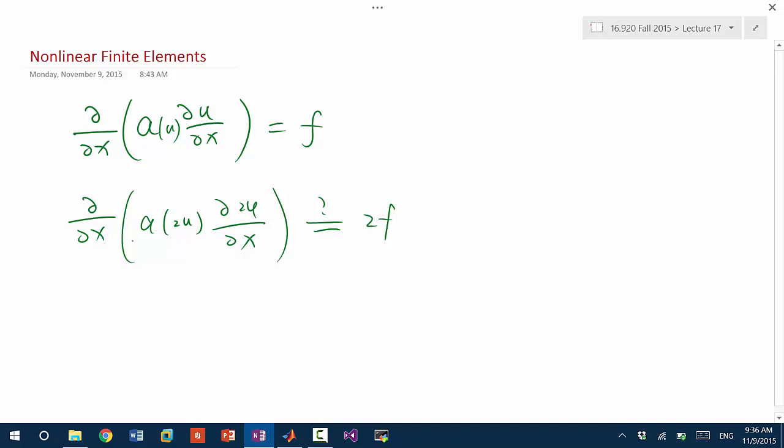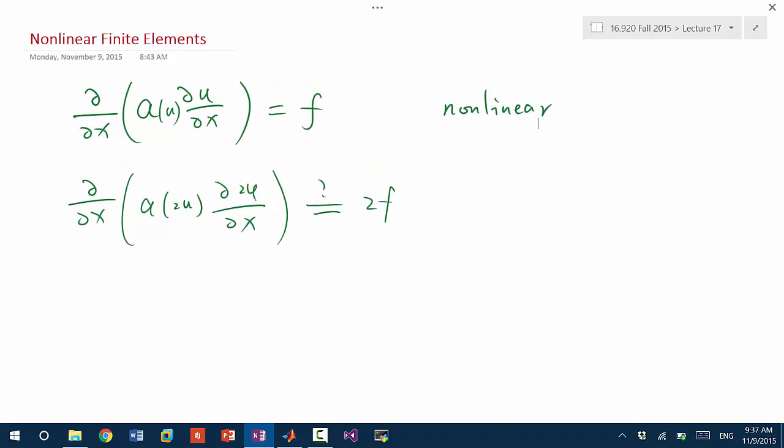So if this a does not depend on u, then actually we can work it out. We can pull this 2 out of the derivative and out of the derivative again. Basically, we get twice the right hand side. But if a depends on u in a non-trivial way, then this no longer satisfies and we lose linearity.